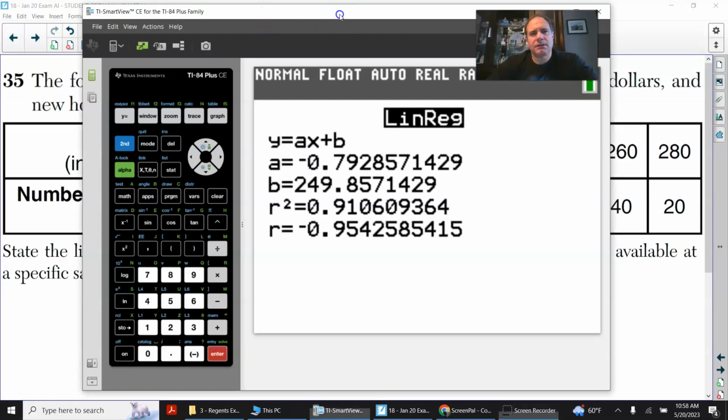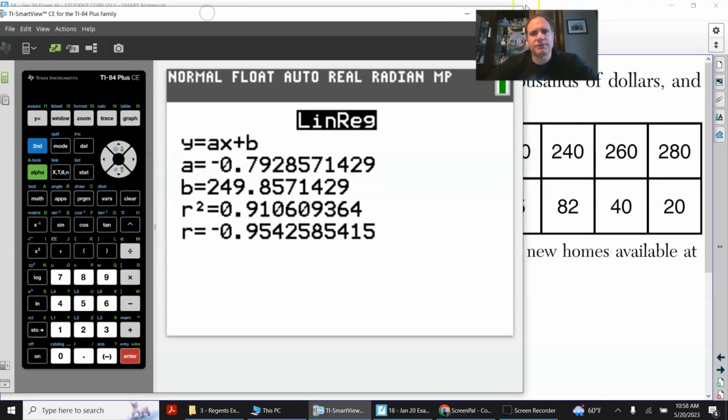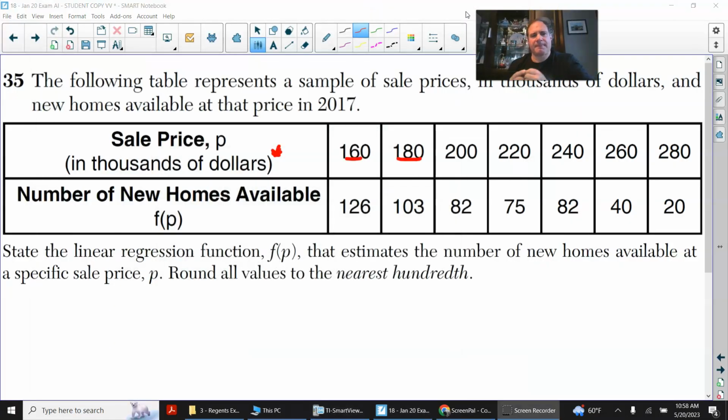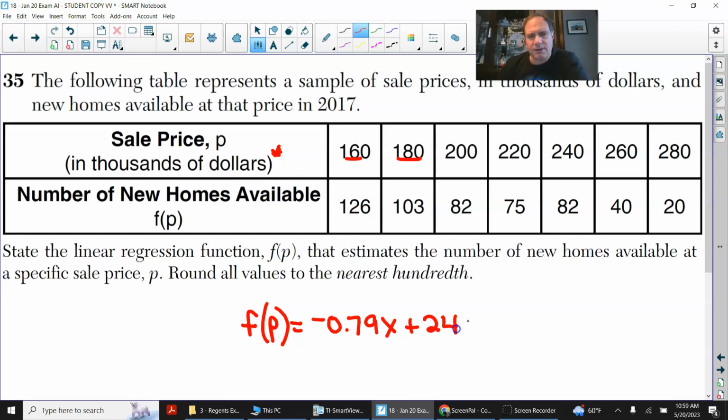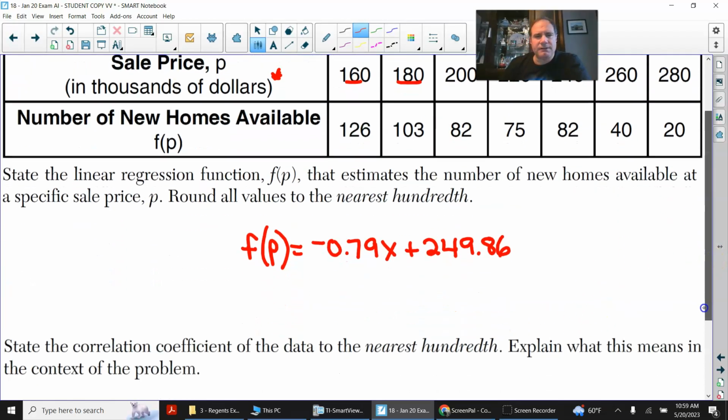So I'm just going to put those numbers down as the linear regression equation. So this is f(p) is negative 0.79x, round to the nearest hundredth, plus 249.86, round all values to the nearest hundredth.